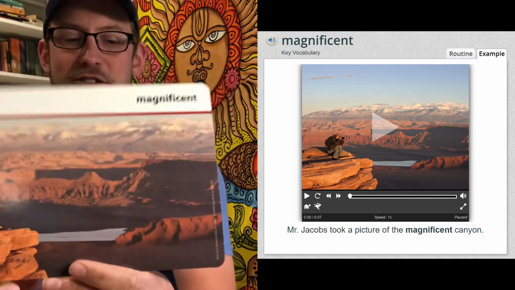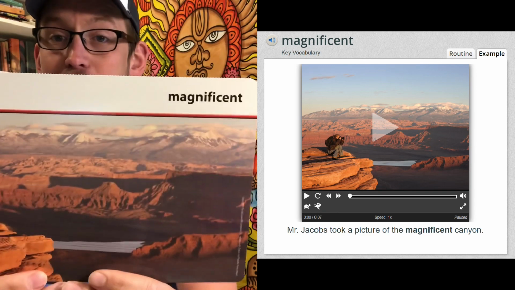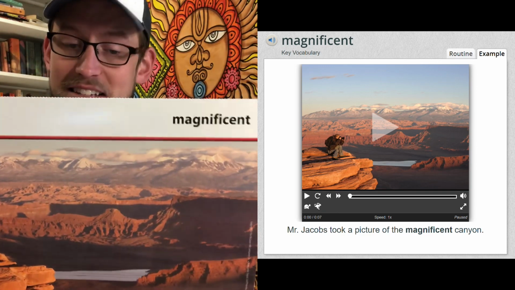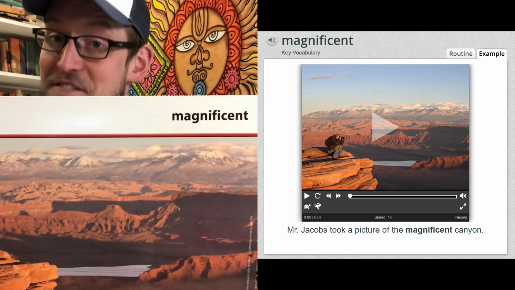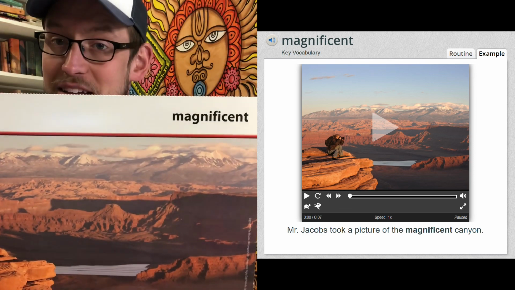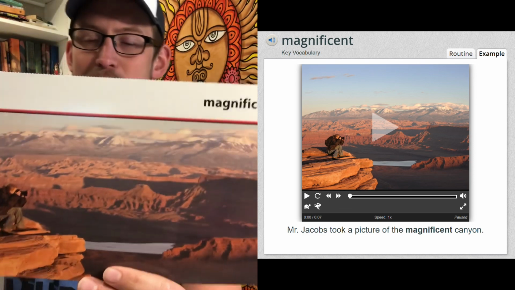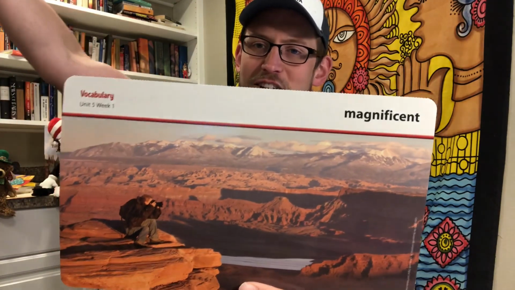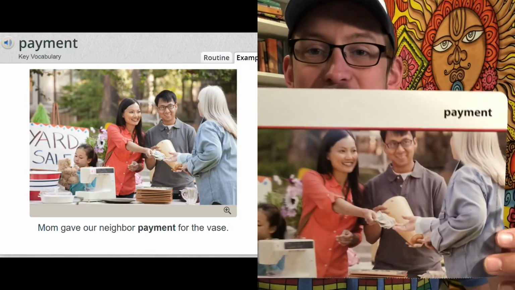So looking at this picture, canyons are huge, beautiful places. This looks like an amazing, magnificent place to be. So let's say it 3 times. Magnificent, magnificent, magnificent.